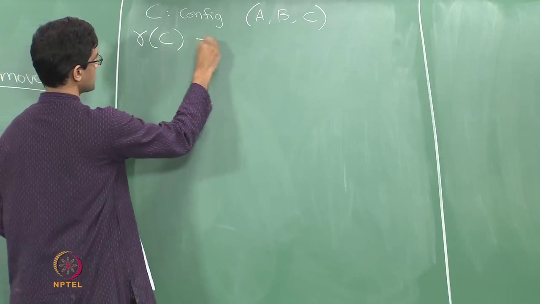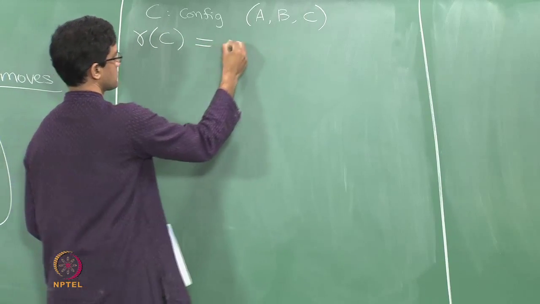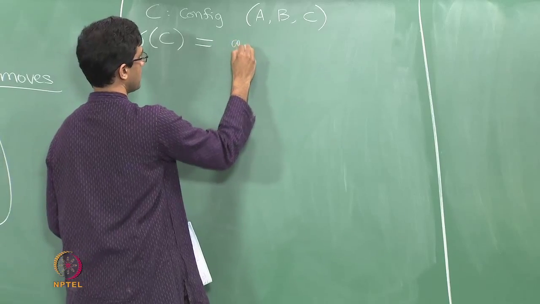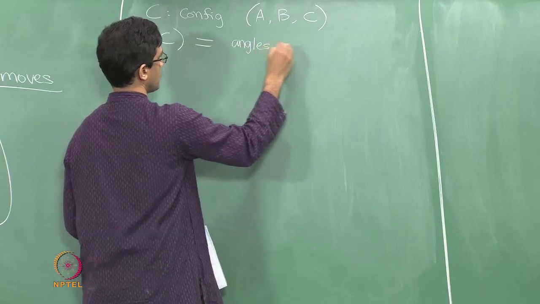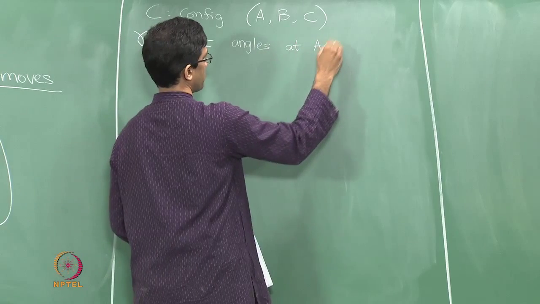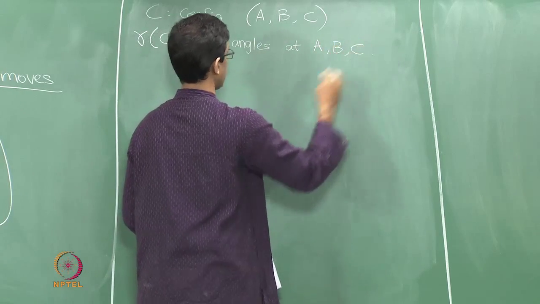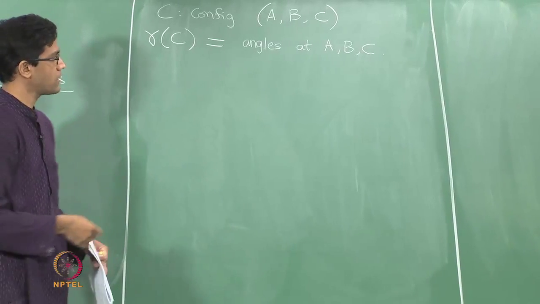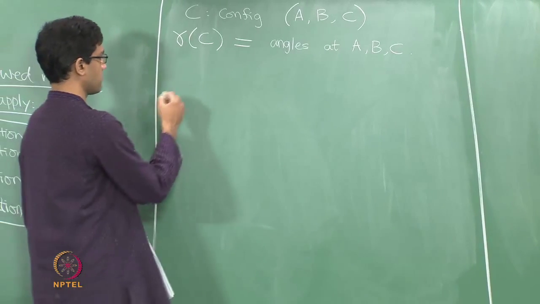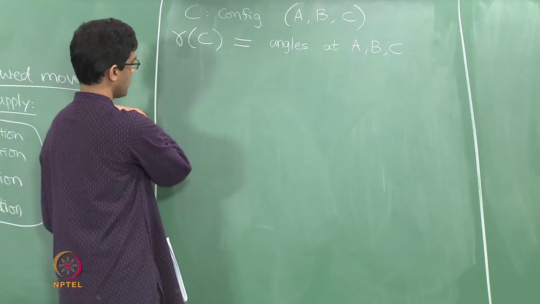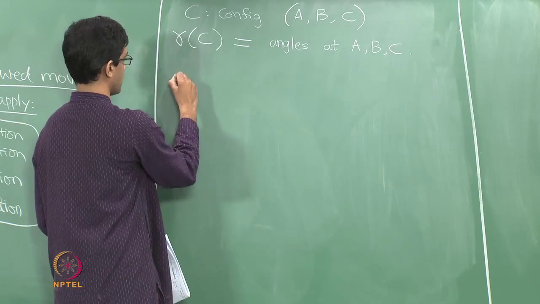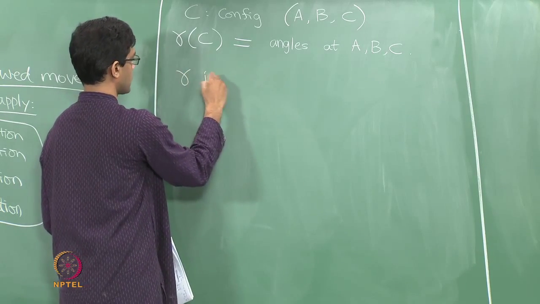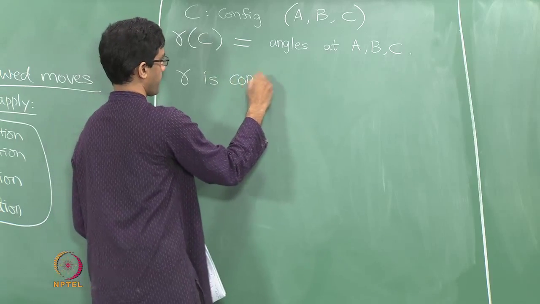The gamma function can just be the list of the 3 angles at the points A, B, C. Okay. So here the conserved quantity is not just one quantity, but rather a list of the 3 angles, but nevertheless observe that the evolution rule conserves gamma. So gamma is in fact conserved during the evolution.